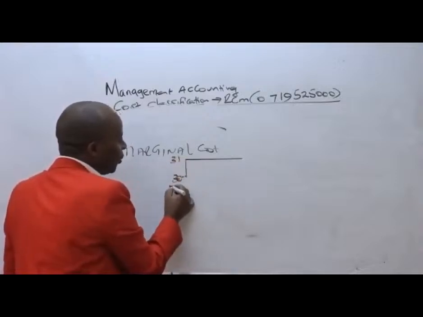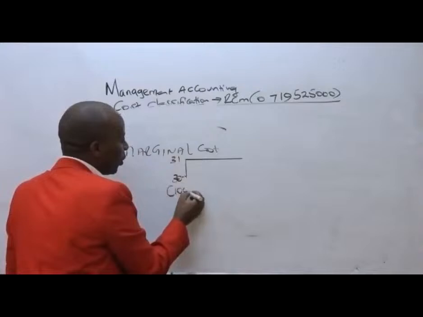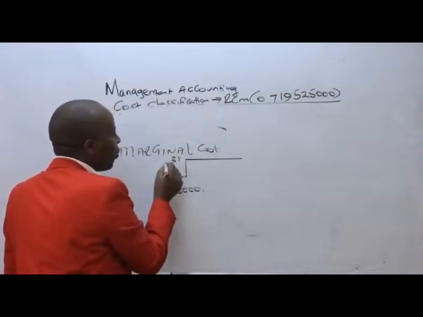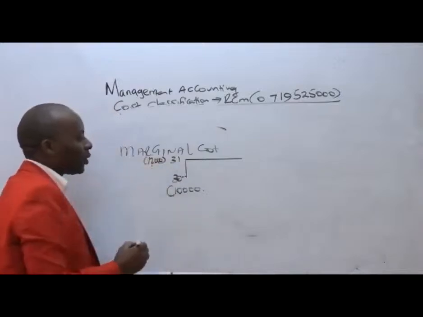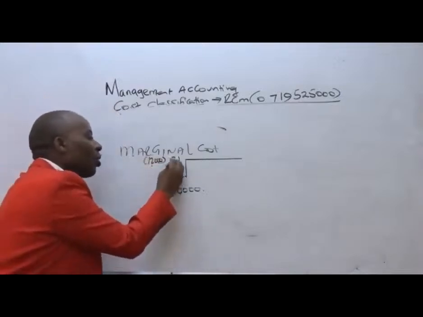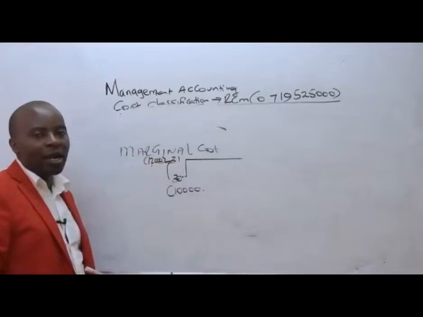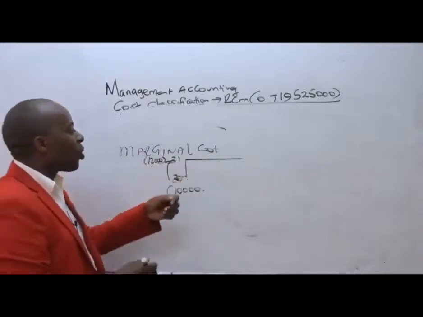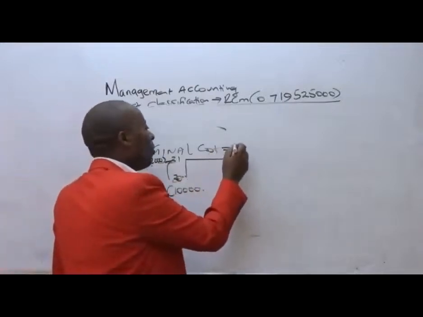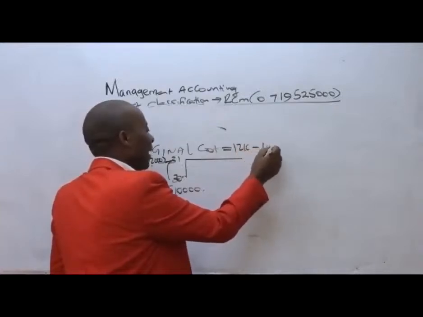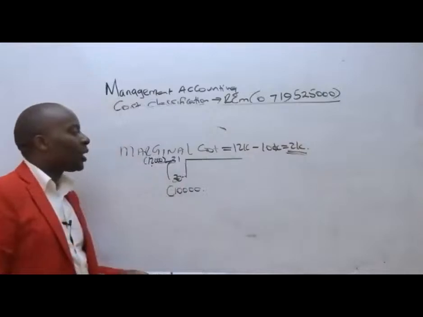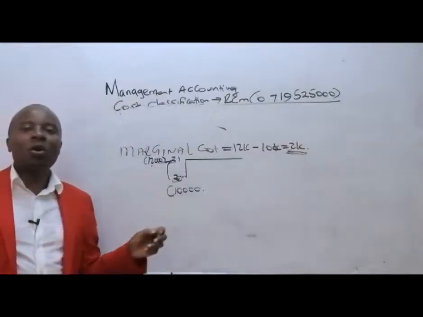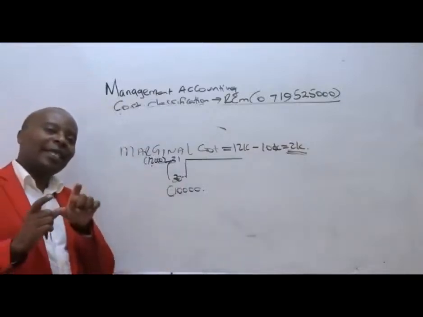If these 30 units here were costing us 10,000, and the 31 units are costing us 12,000, then the incremental cost from 30 to 31, that incremental cost of 2,000 bob, which is 12,000 minus 10,000, this additional cost of 2,000 is what we are calling the marginal cost. Marginal cost is the incremental cost.